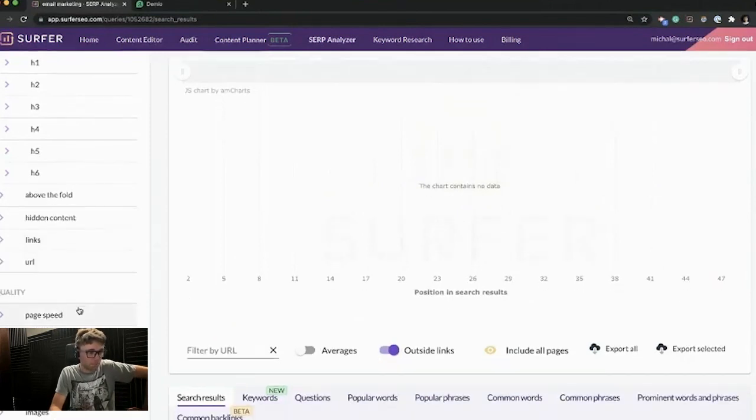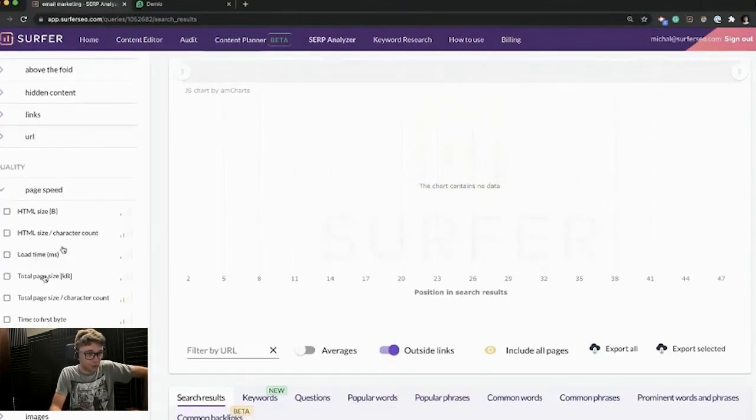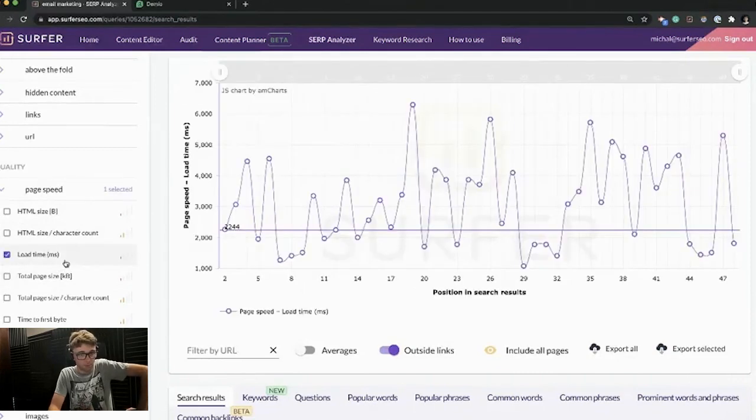You can browse the page speed, for example, and take a look at different factors in here, like load time. Okay, the horizontal line is all right, but in this case, position 19, 6 seconds. So how do we find out what is causing the load time to be so high?